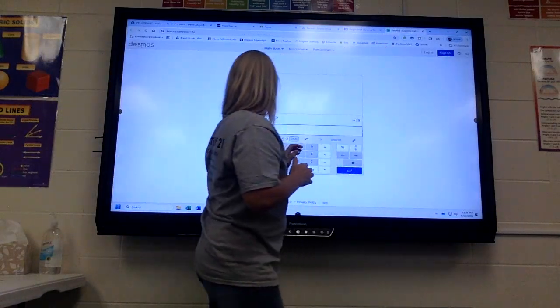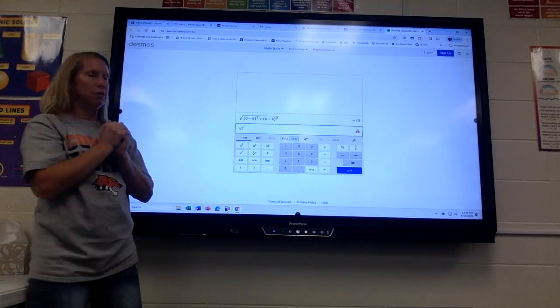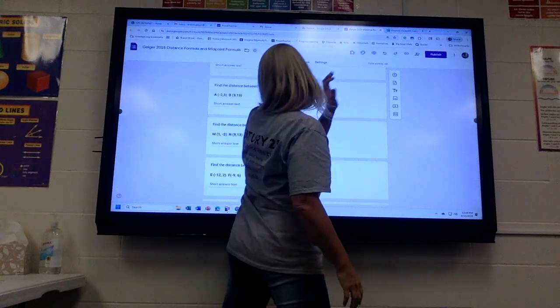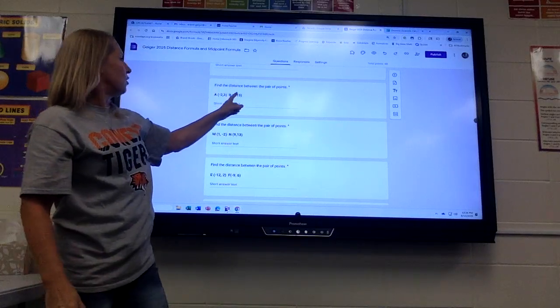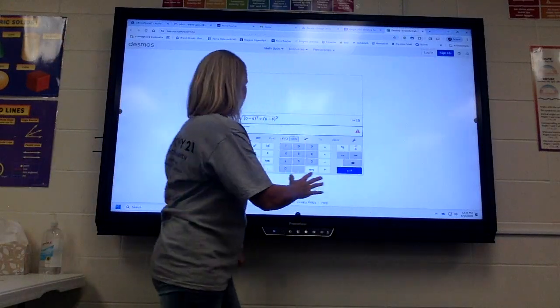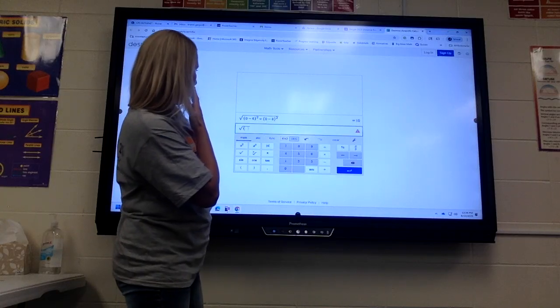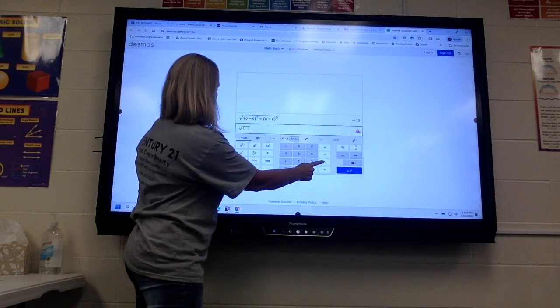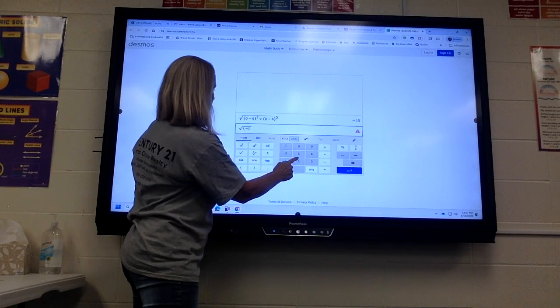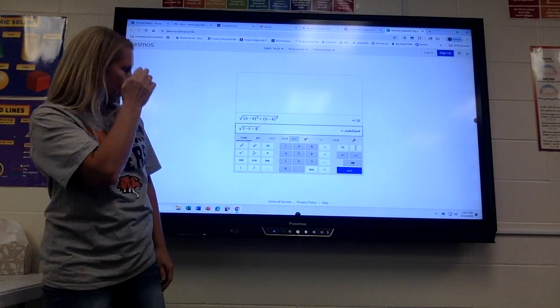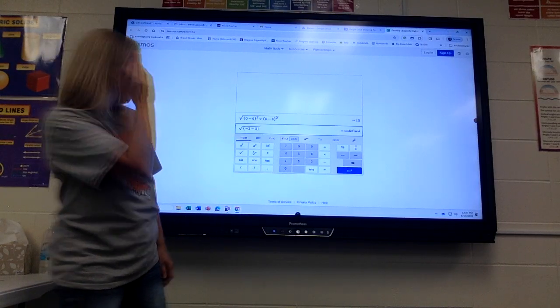Here we go. So square root. And I already forgot. So I got to look. So -2 minus 3, negative, where's the negative sign? I wonder if I just hit minus. -2 minus 3, we're going to see if that works. I don't know if it will or not.